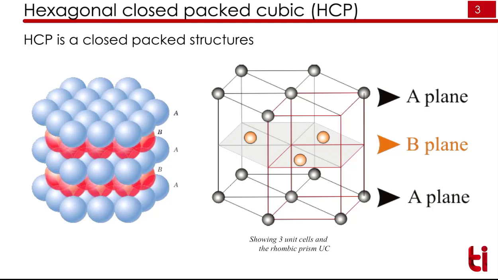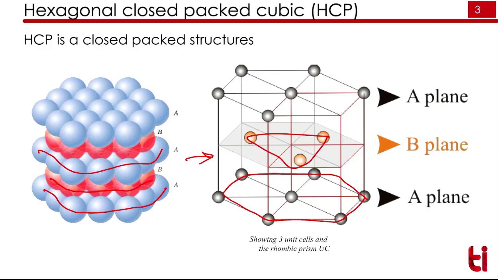Again for your understanding, layer A and layer B arrangement is shown here. Here there is layer A, on the top of it there is layer B, again there is layer A. This is one unit cell of the hexagonal system. We have layer A in the bottom, in between we have layer B, and again on top we have layer A. So first we will calculate the number of atoms in this unit cell.